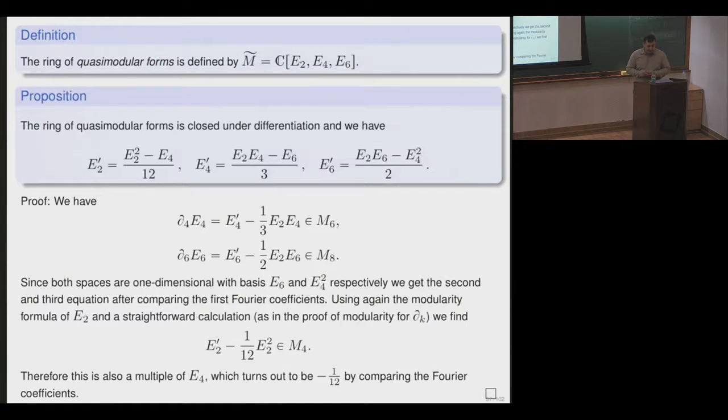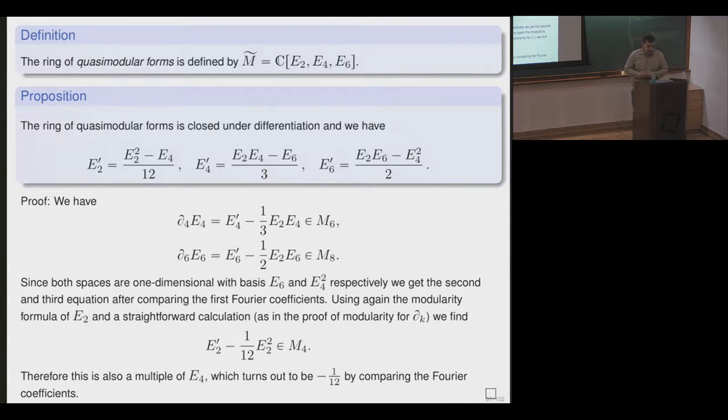It can be put in an even more complicated setup, but for us it's enough to know that we have this map. And now we can make the ring of so-called quasi-modular forms, which is the ring generated by the Eisenstein series of weight 2 plus the ones of weight 4 and weight 6. We just make a polynomial ring out of these.